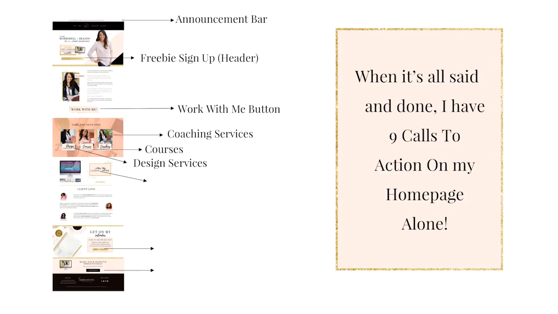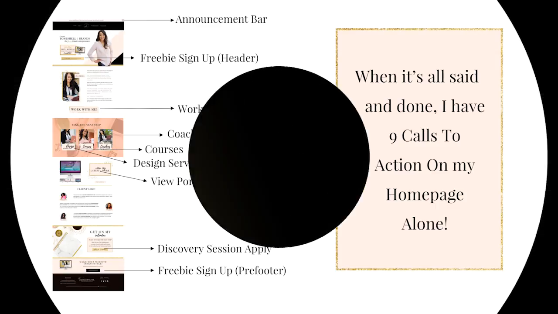View portfolio is another call to action where people can check out my past websites. Apply for a discovery session is kind of the last one at the end of that page. And in the footer area, a freebie sign up. So in my Squarespace pre-footer, I always have that call to action at the bottom. No matter what page you're on, that footer area is always down there. So every page has a call to action.